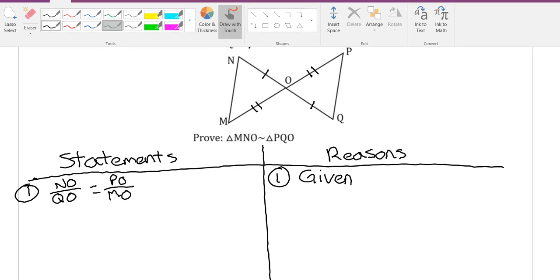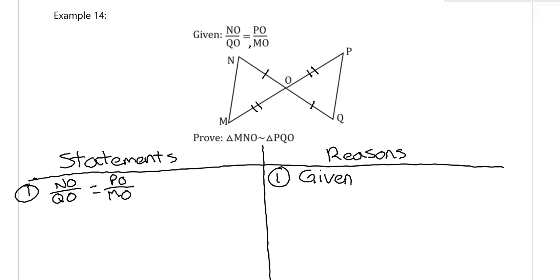Now, I only have a side and a side, so that leaves me to think, can I do the last side for side, side, side, or can I do an angle for side, angle, side? What I see is this shape. Remember, anytime two lines cross, I get congruent angles there.